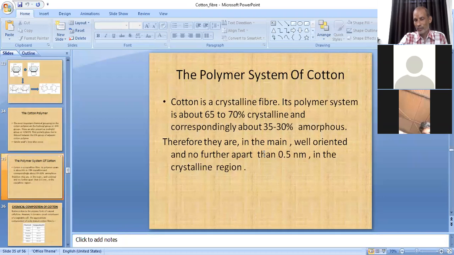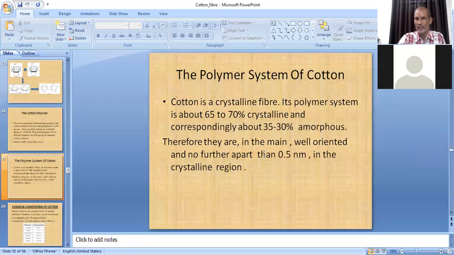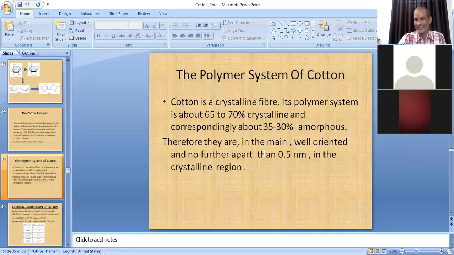And when the polymers have only this much gap, van der Waals forces are formed. And that's why hydrogen bonds and van der Waals forces are the main interpolymer forces of attraction found in cotton fiber, which will decide many properties of the cotton fiber.